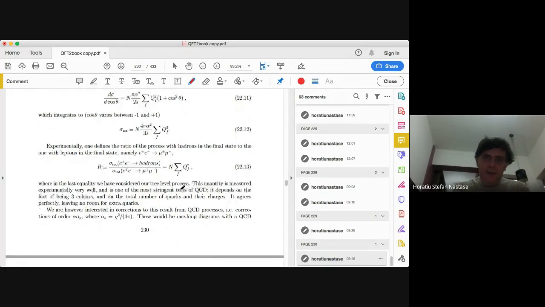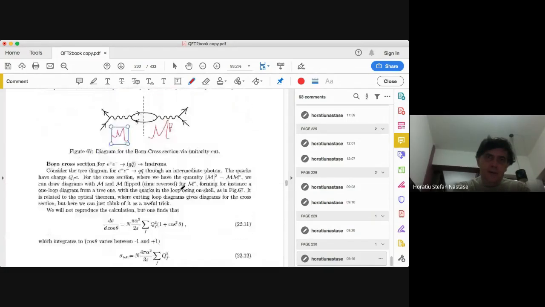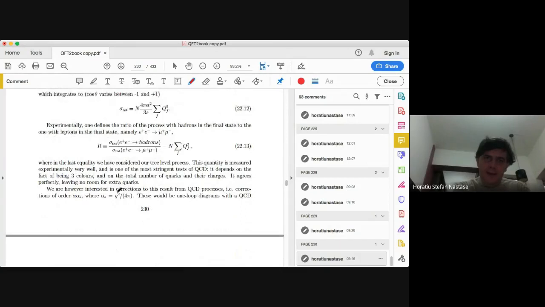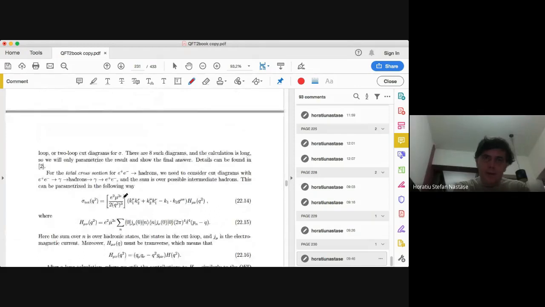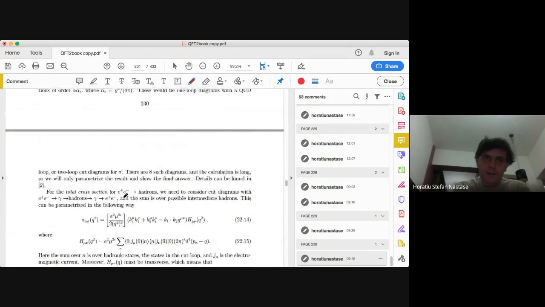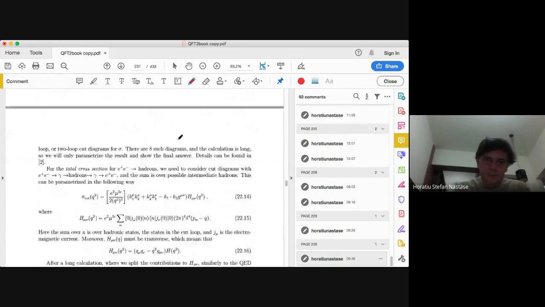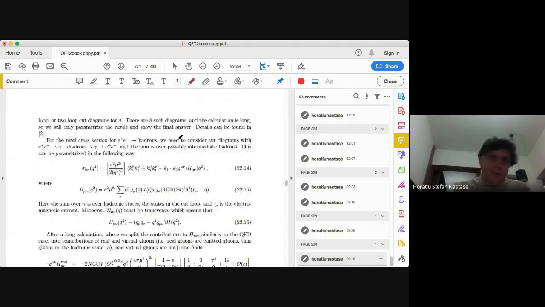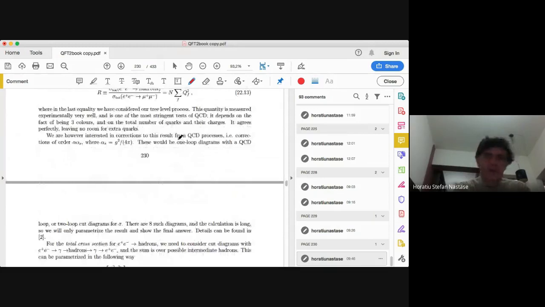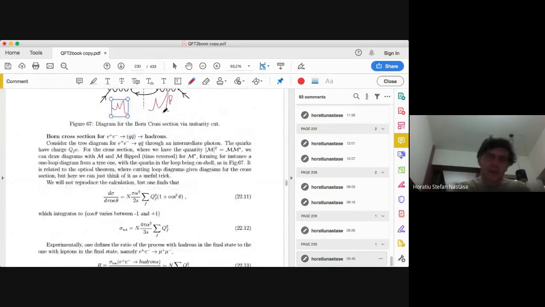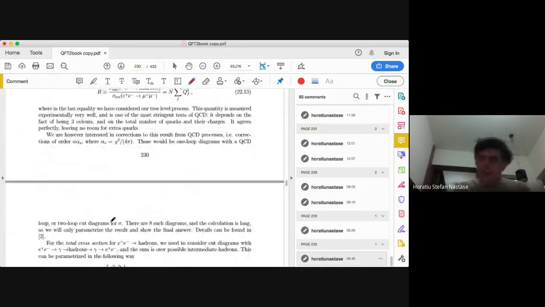Anyway, the point is that when we consider adding these loops, one will obtain a result that can be parameterized in a certain way.